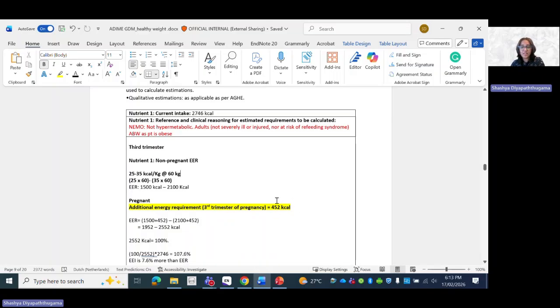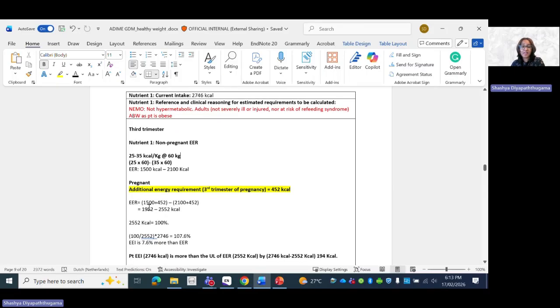So in here, we have to add 452 in kilocalories. So we add that 452 to both upper and lower levels, and this is what we end up with. So this is the estimated energy requirement that is calculated.